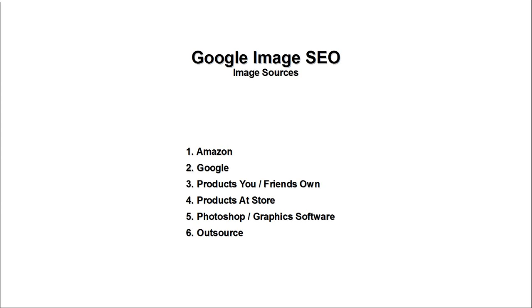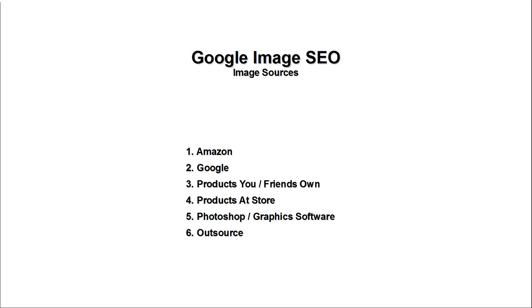Now, you obviously have the standard kind of stuff where you could go to the Amazon website, whatever product you're promoting, you could pick up an image off of Amazon for it and upload that image to your site and place it within one of your pages.